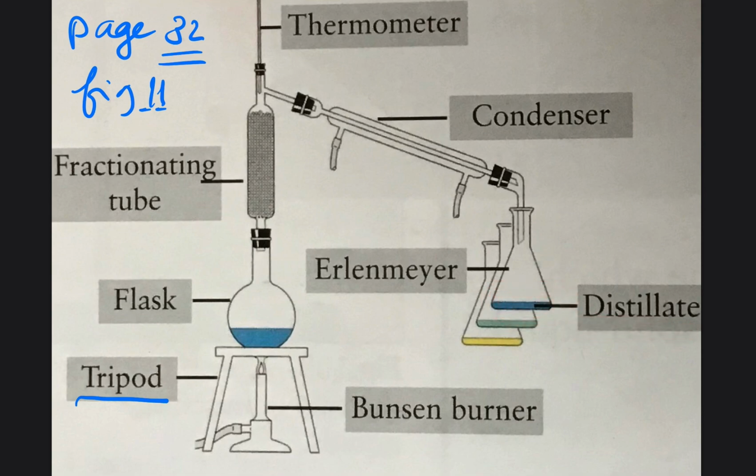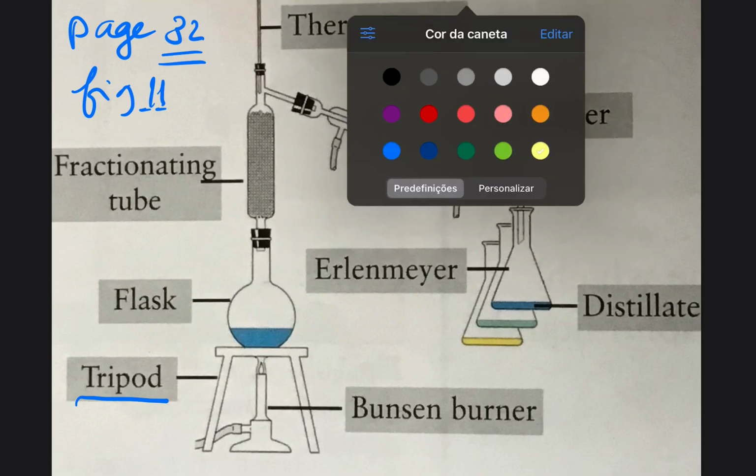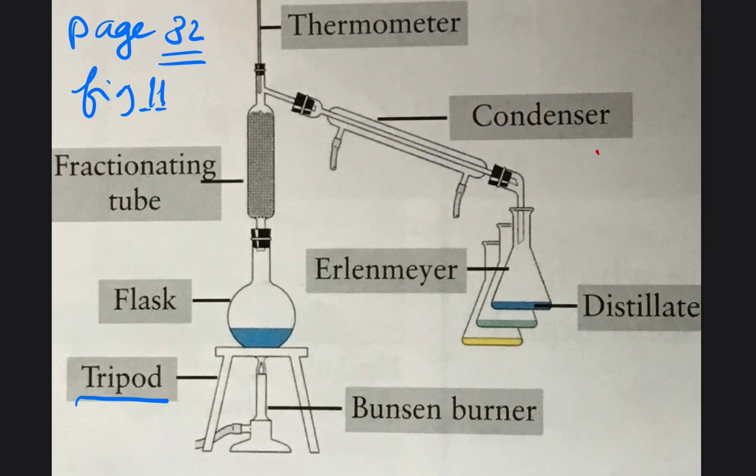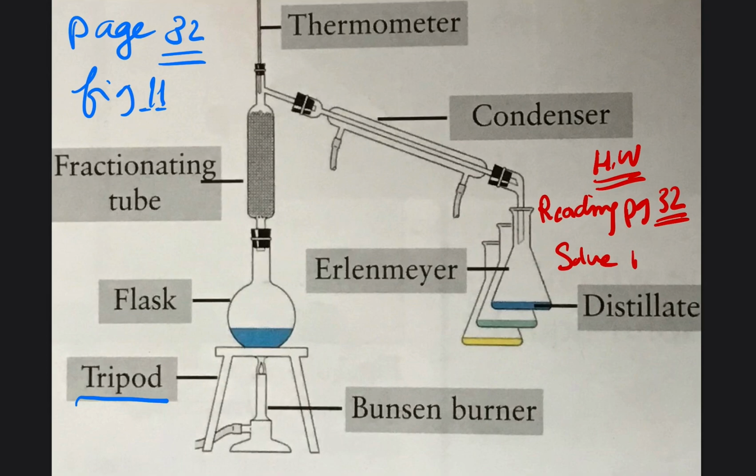Okay, so what I want from you is that I want you to read. The homework would be, let me write it down in red, reading page 32, and we are going to solve the analysis.